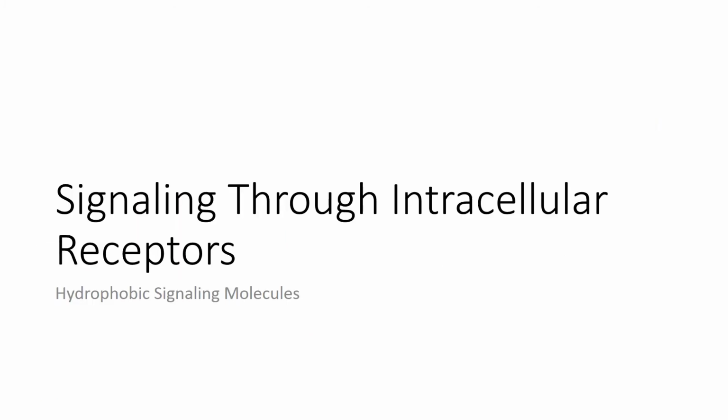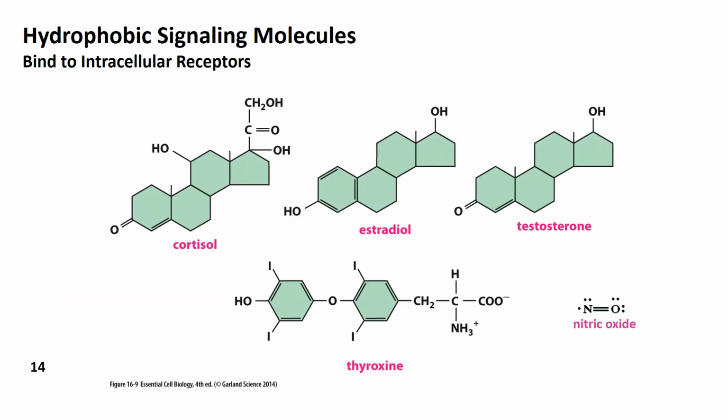Let's look at the intracellular events that occur when a hydrophobic signaling molecule binds to an intracellular receptor. Again, here are some examples of hydrophobic signaling molecules: cortisol, testosterone, thyroid hormone, and even the gas nitric oxide.